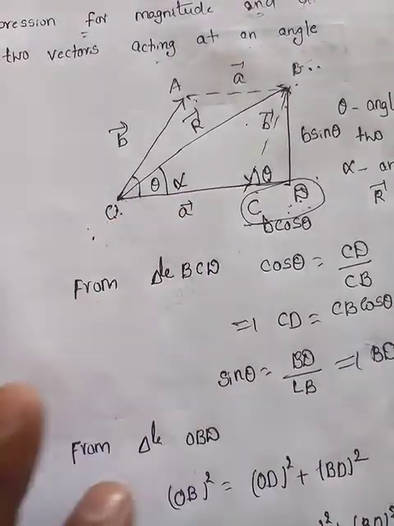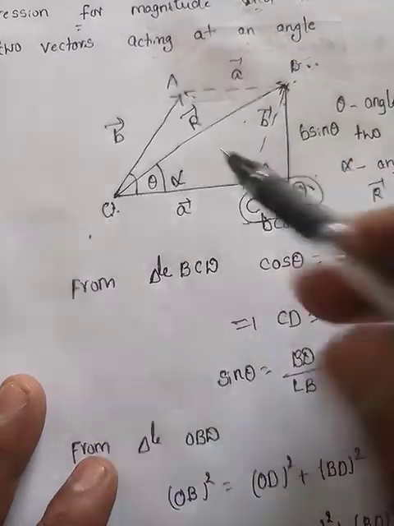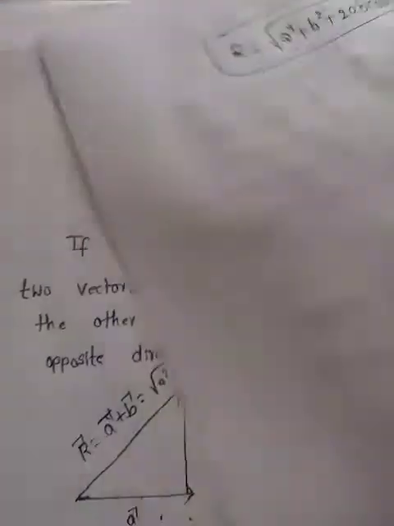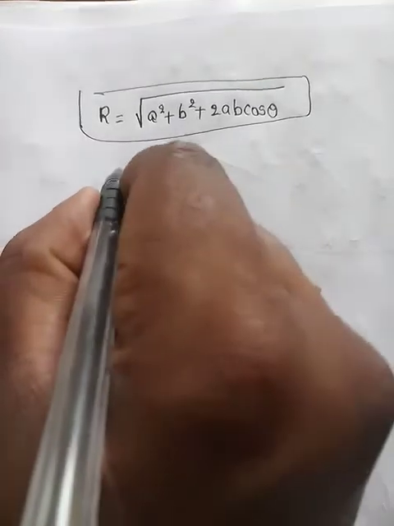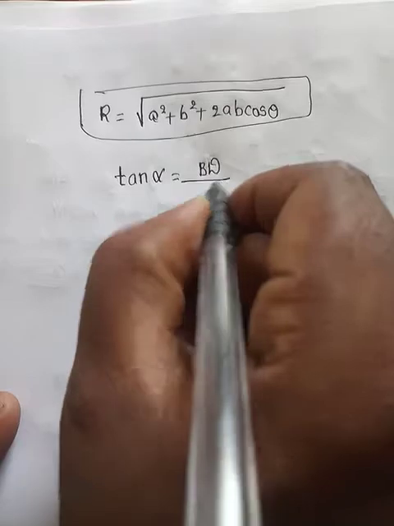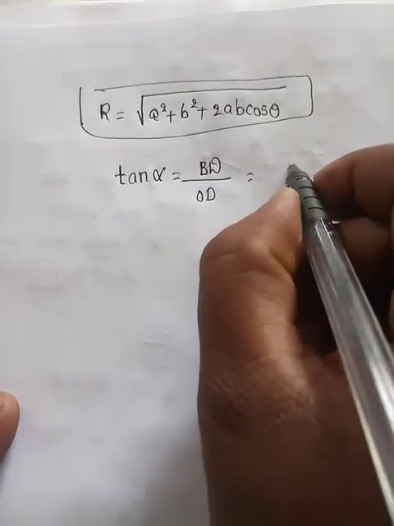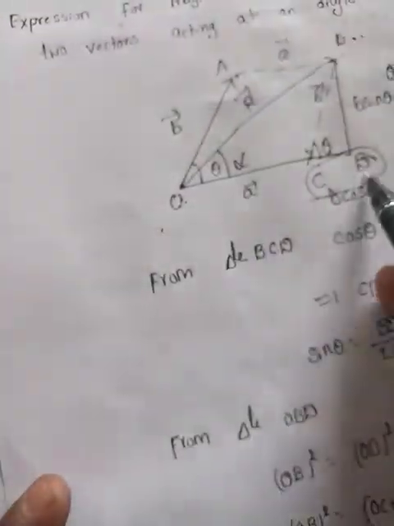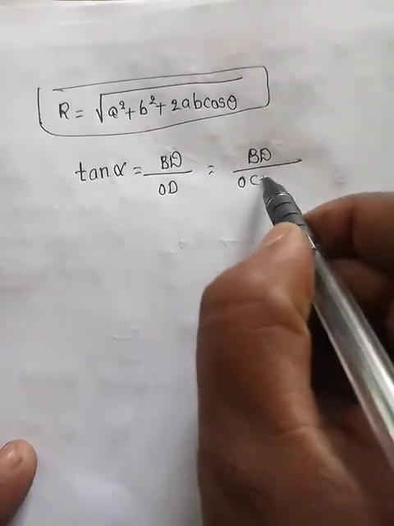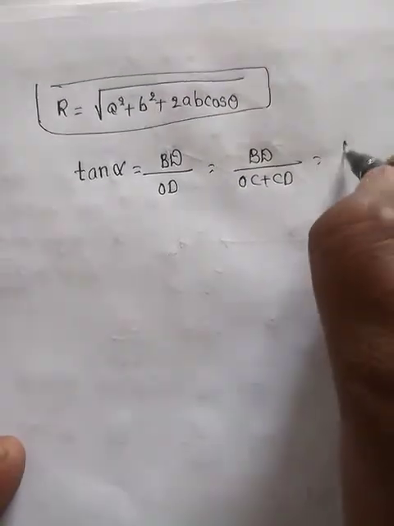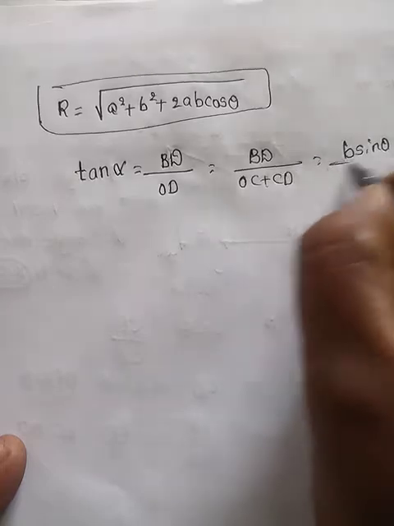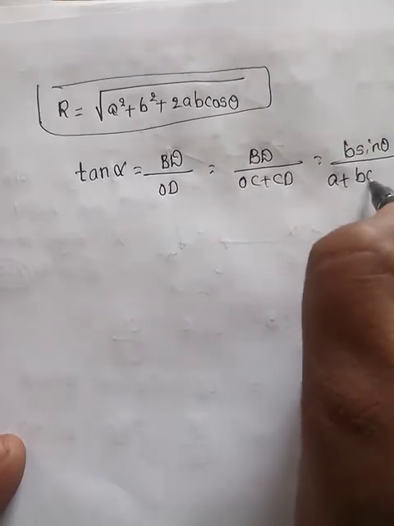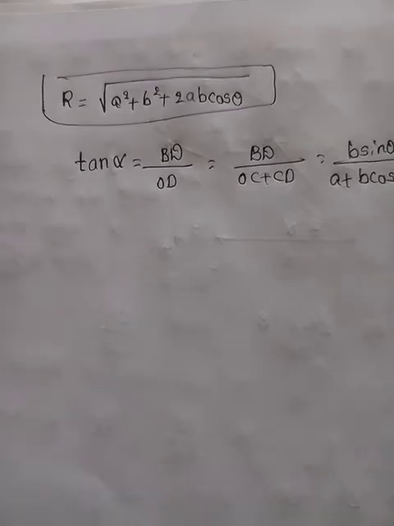Tan alpha is equal to opposite side, which is BD, by adjacent side, which is OD. What is BD? BD by, again, what is OD? OC plus CD. So, BD is B sin theta, and OD is OC, A, plus B cos theta. So, this gives the direction.